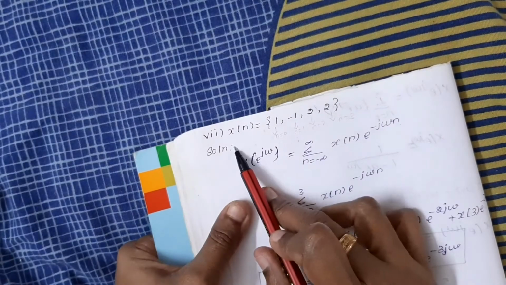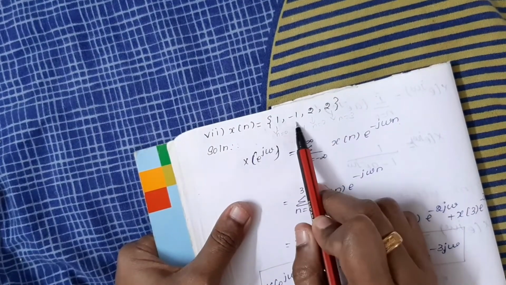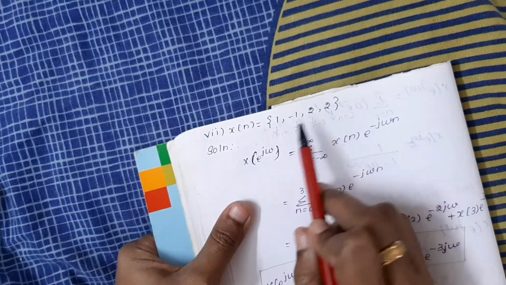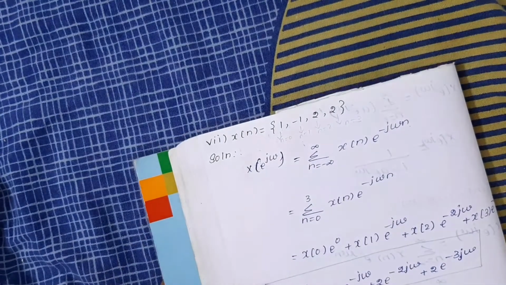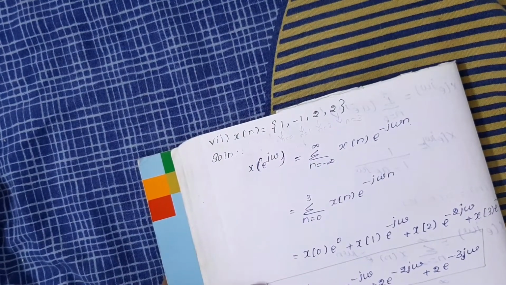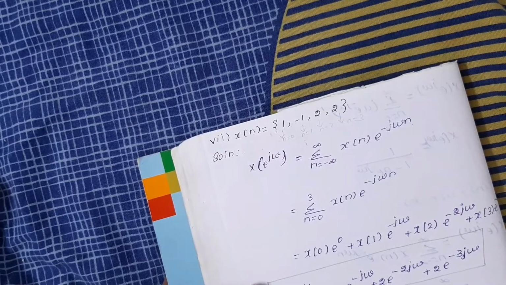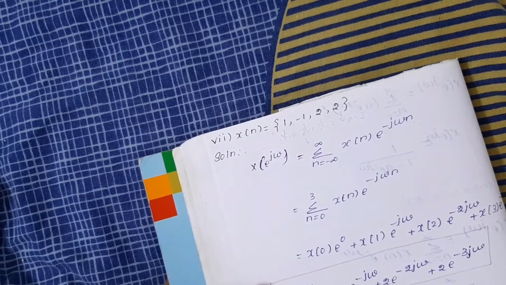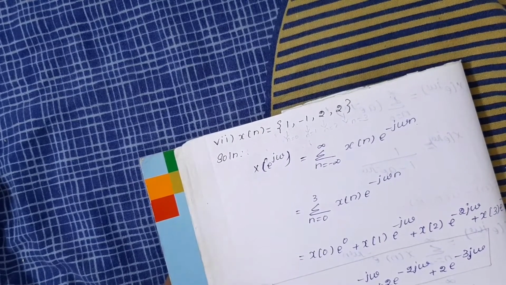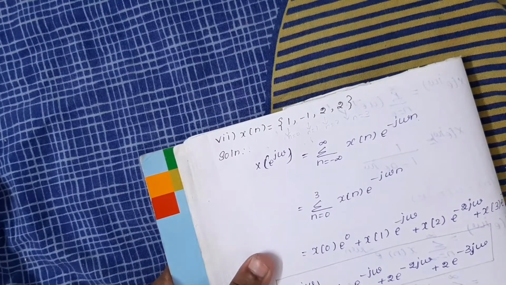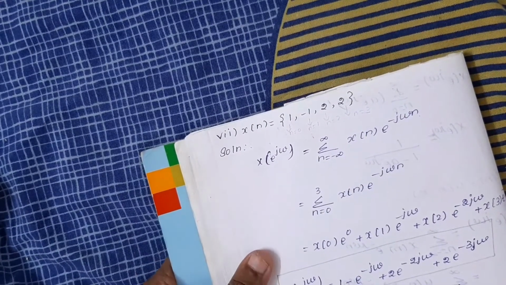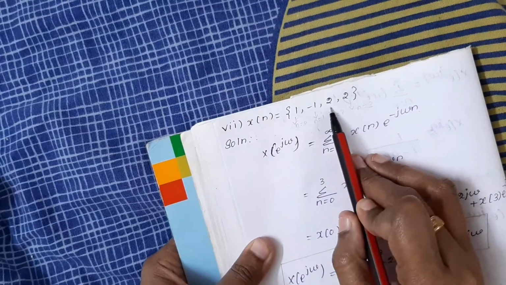So another problem: they have given x of n as 1, minus 1, 2, 2. So discrete values are given. Until now they gave us a power n u of n, or 0.5 power n u of n. In this form they have given the value. Here they have given the question in number form, that is 1, minus 1, 2, 2.